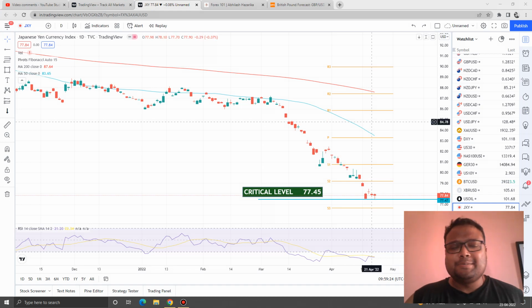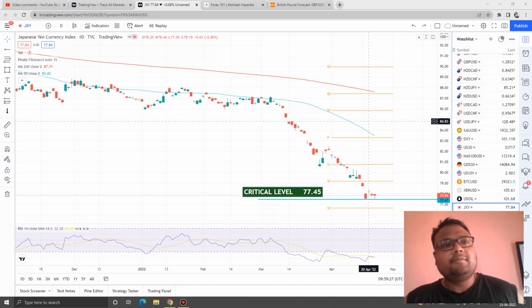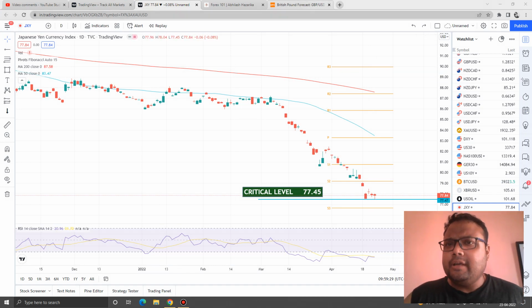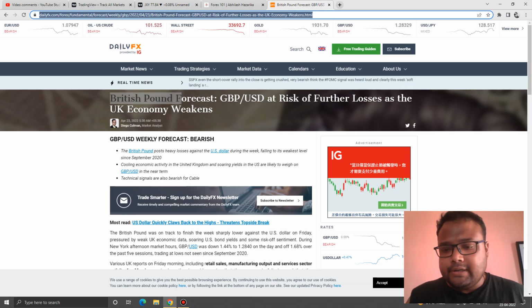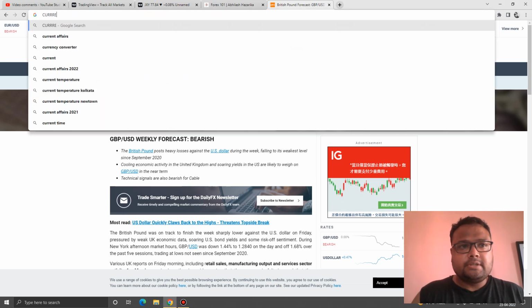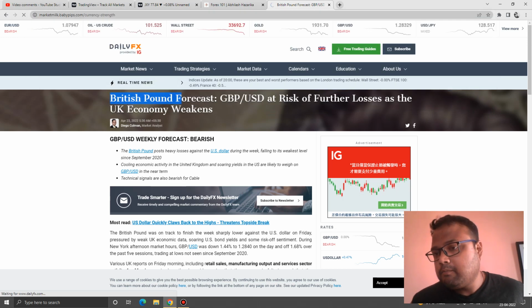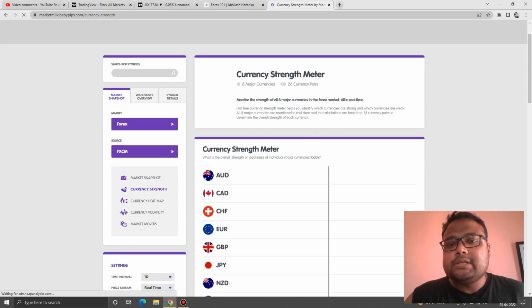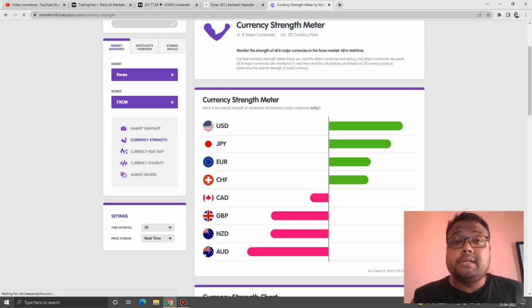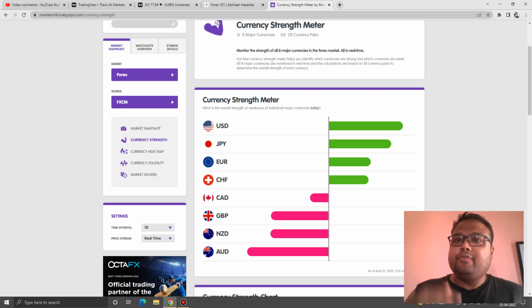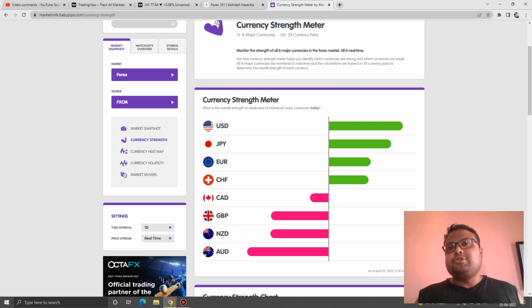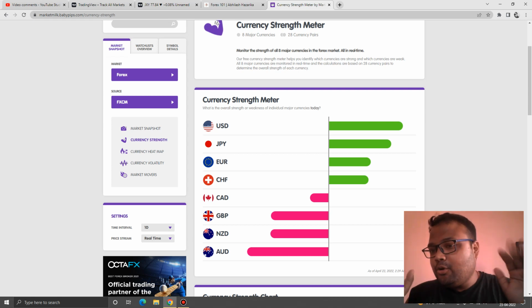If possible, try to watch the Japanese yen currency index, or if you are not comfortable with JXY, you can look at any currency strength meter. Just go to the currency strength meter and see which currency is weak for the day and which is strong for the day. At least you will get the idea. If you see that JPY is the weakest currency on Monday, then obviously you will see all the pairs flying.